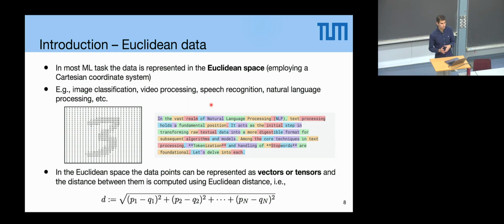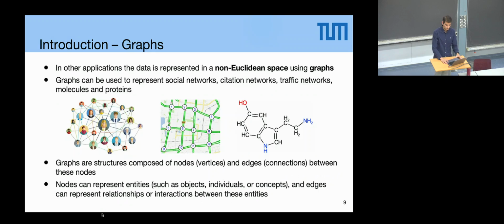And this kind of tensor representation is very useful because if we have multiple samples, we can stack them across a batch dimension, for instance, and it's very efficient to train these models and evaluate models on this data on a GPU. Also, in Euclidean space, we can compute the distance between two data points using this. For instance, the distance between this corner and this corner can be computed by evaluating this formula.